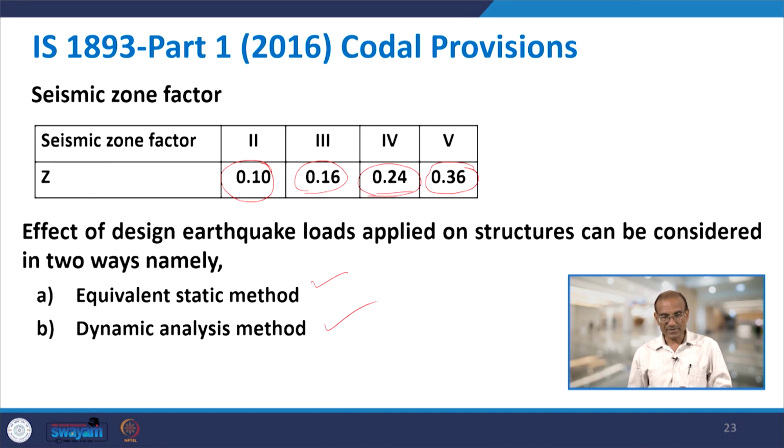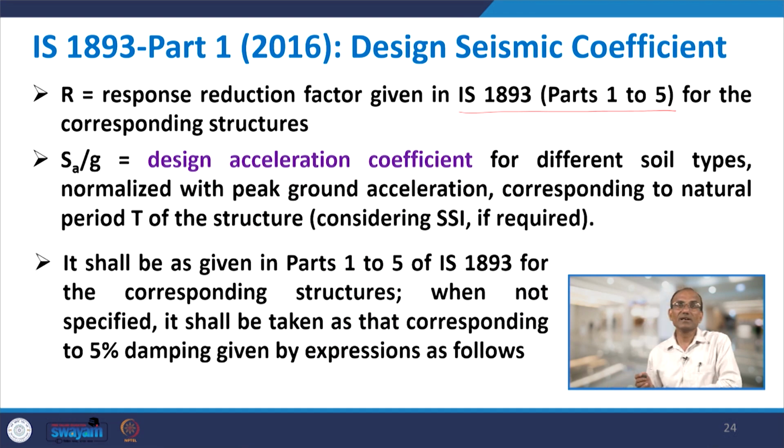Finally, what is SA by G in this equation? SA by G is called the design acceleration coefficient for different soil types, normalized with peak ground acceleration, corresponding to the natural period T of the structure, considering SSI if required.